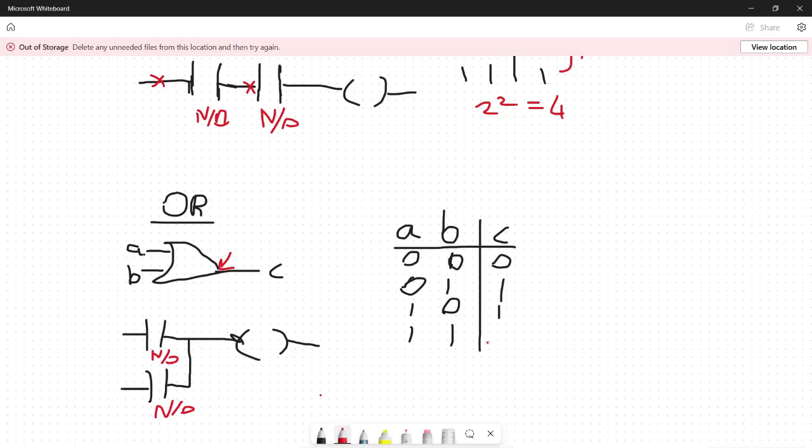But binary as a signal, if we have current flowing through the one side and current flowing through the other side, yes, there will be more current in the output, but it will still be powered on. So this isn't looking at how much is actually there. It's looking at, is it on or is it off? And even though we have 2 on states, it's going to be on.